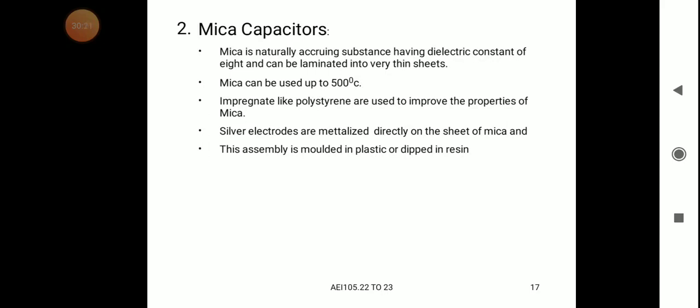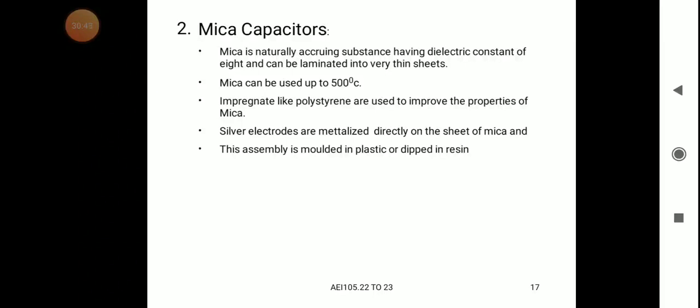That is a very good dielectric constant value, and we can make very thin sheets. Mica can be used up to 500 degrees centigrade as a proper dielectric material.